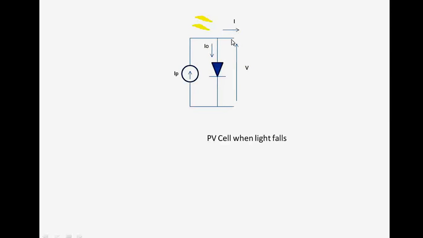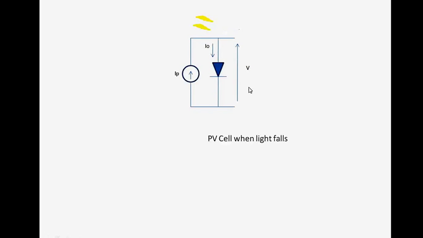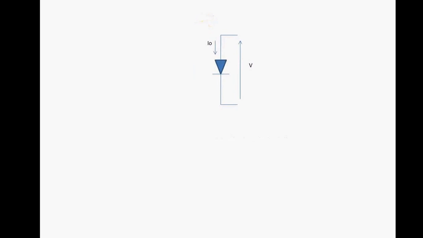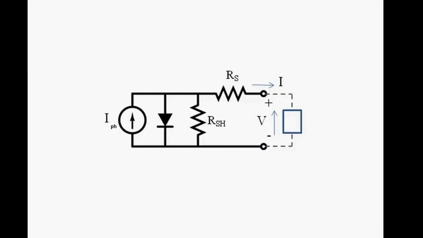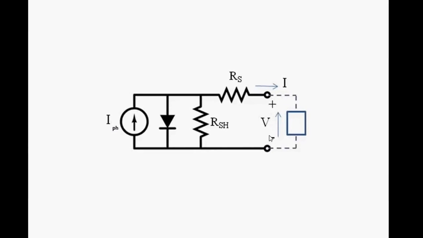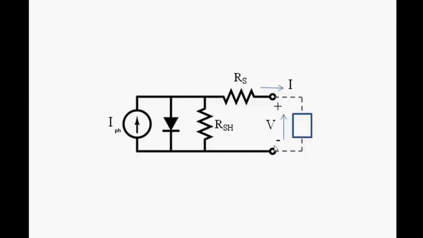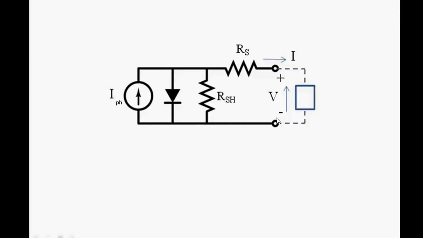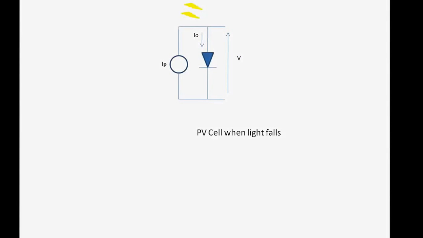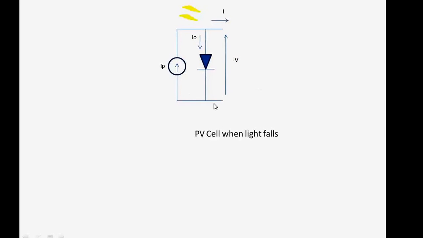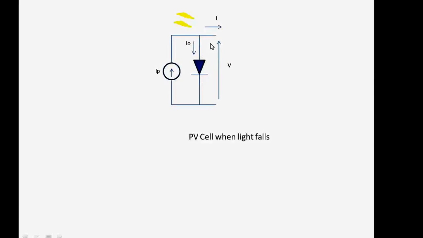Without connecting any external load, the voltage appearing across the junction is known as VOC, the open circuit voltage. And without connecting any load, if we short circuit these two points, the current is known as the short circuit current ISC. So this is about the PV cell when light falls on it.